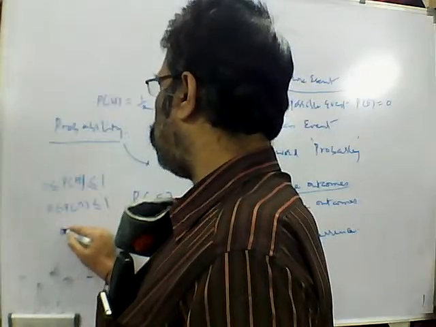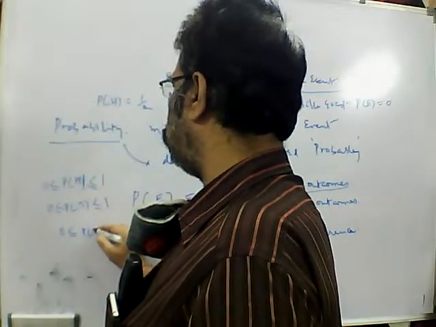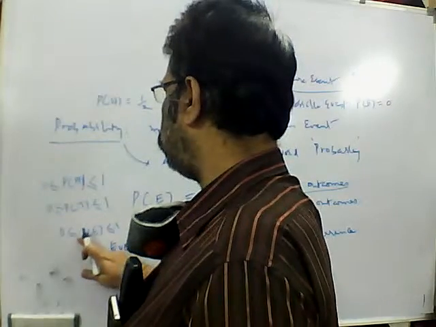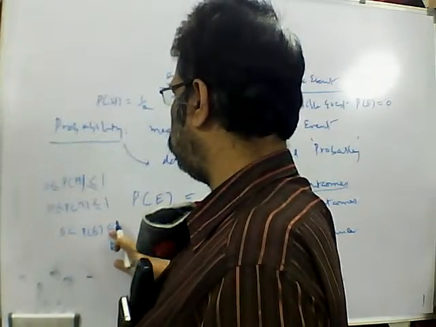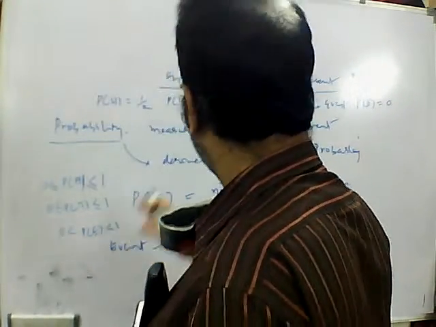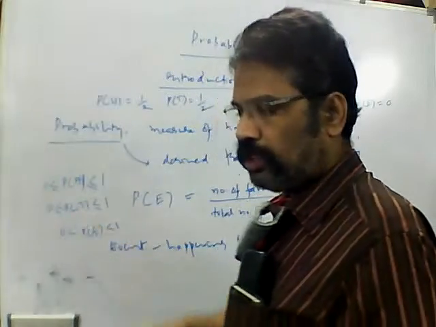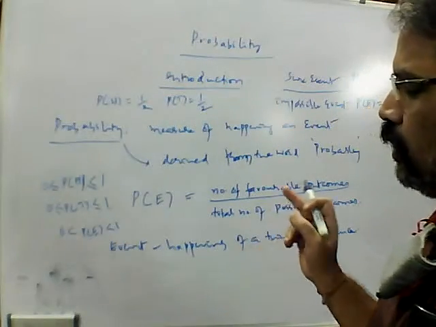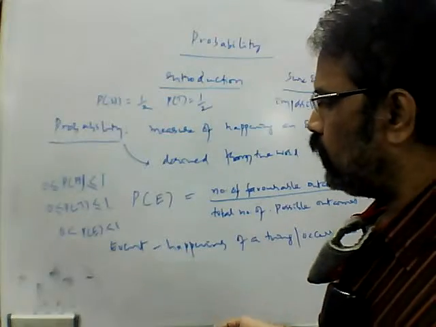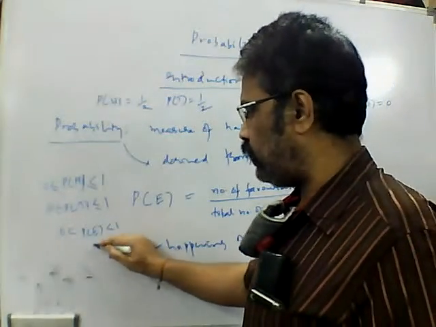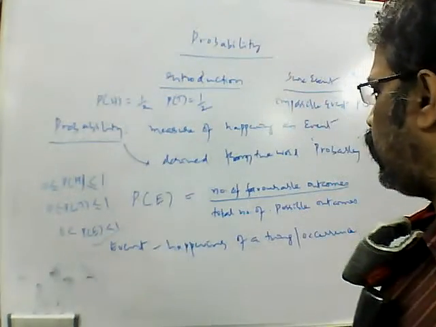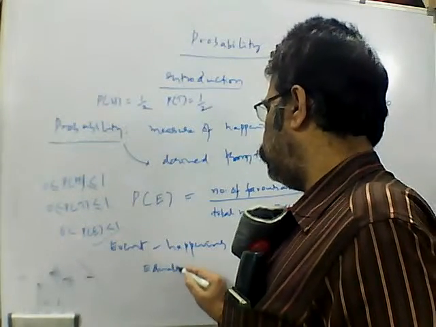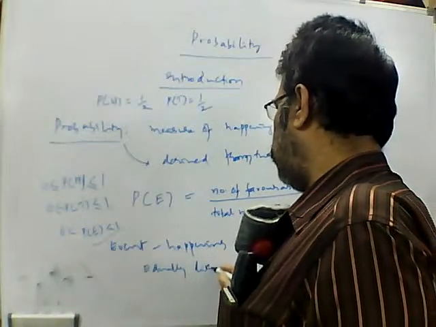So the probability of an event which lies between 0 and 1, exactly, I call it less than only, sure. Because 1 we already named a sure event and 0 an impossible event. So if the probability of an event is lying between 0 and 1, then this is called an equally likely event.